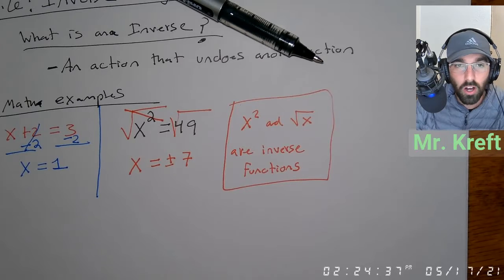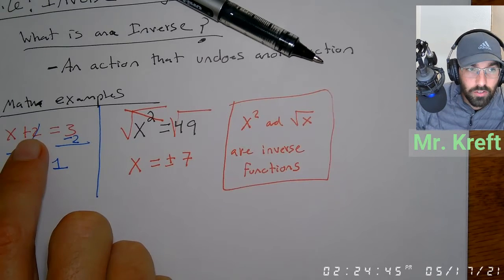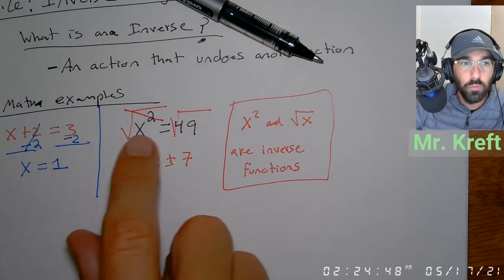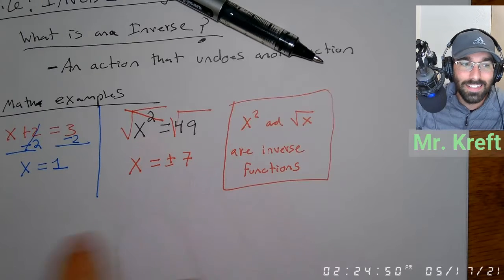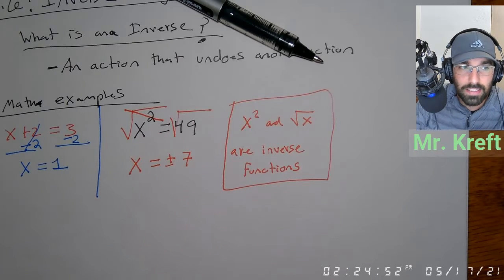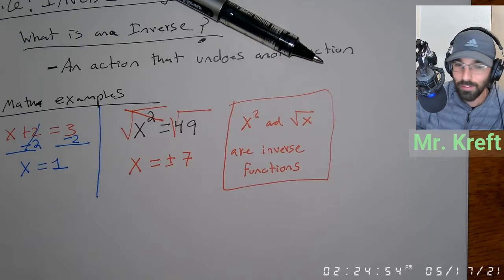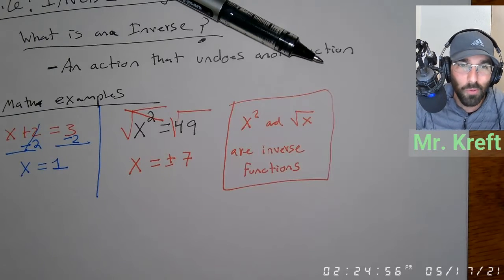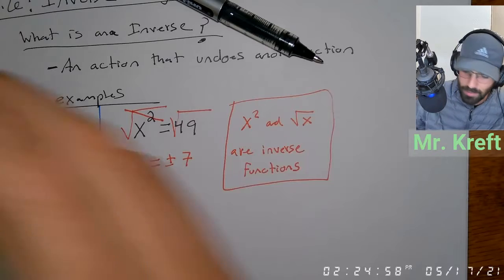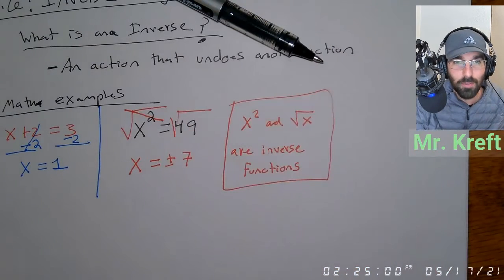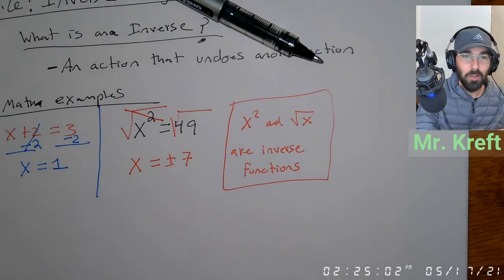So when we're trying to solve, and we want to undo a function, we need an inverse function. Just like we would undo addition with subtraction, if we want to undo a function, we need an inverse function. So that's what an inverse is. I hope that helps out with understanding of what's going on there, okay? Does anybody have questions so far? Any questions, comments, or anything?